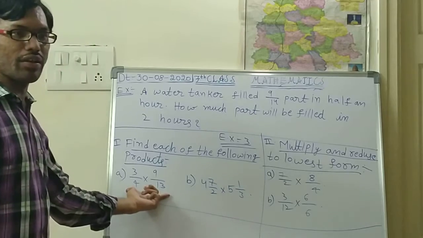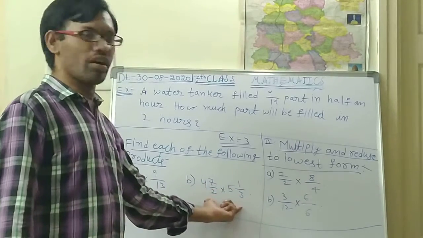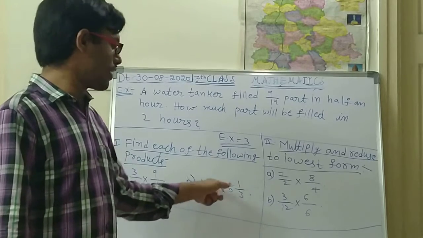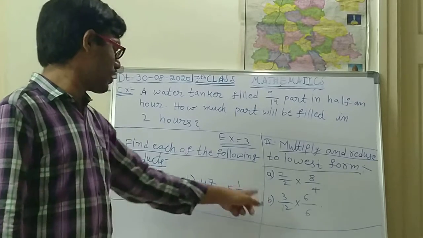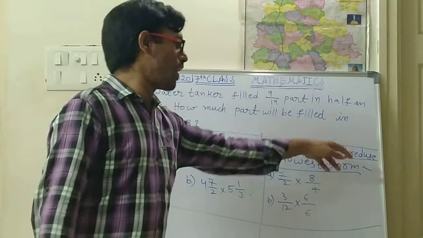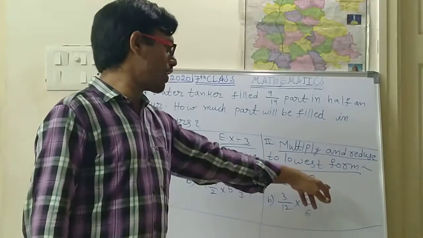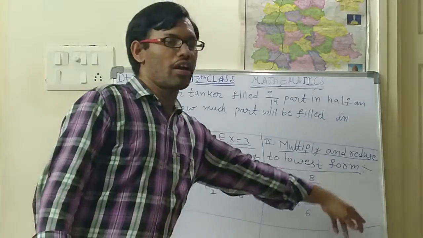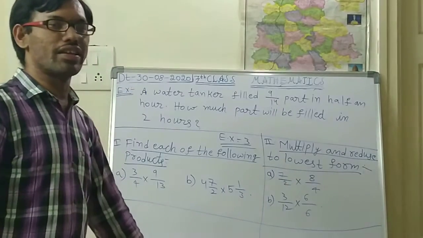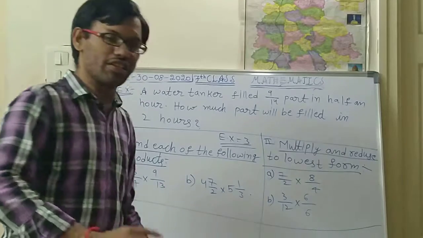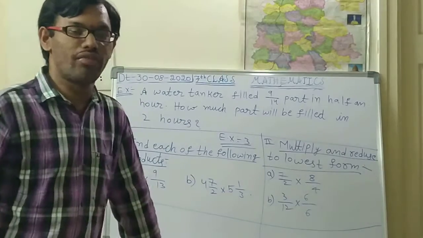This one is direct multiplication. This one, convert the mixed fraction into an improper fraction, and afterwards multiply numerator to numerator, denominator to denominator. Next, multiply and reduce to lowest form. Multiply numerator to numerator, denominator to denominator, and afterwards do any cancellation if possible. If any number allows a cancellation, do it and write the final result.